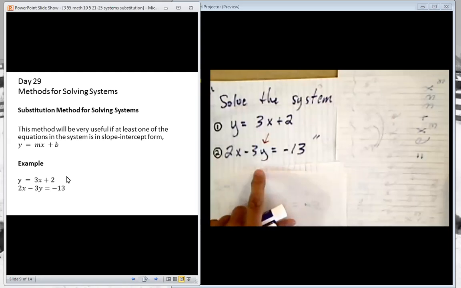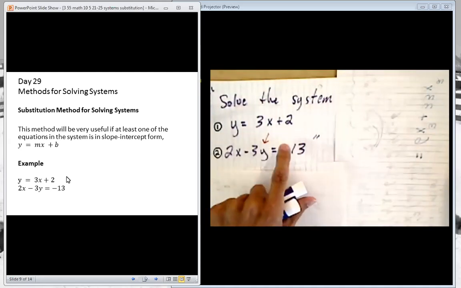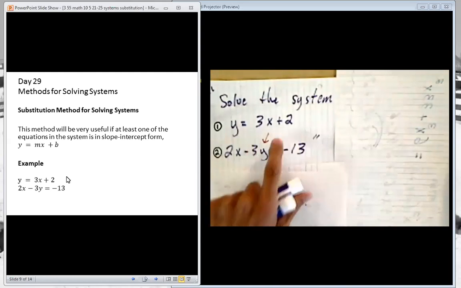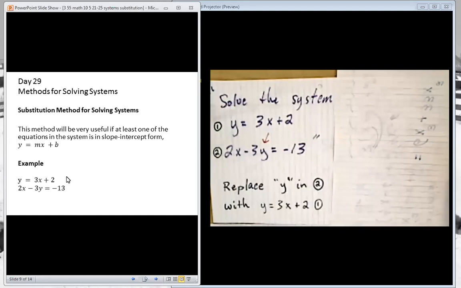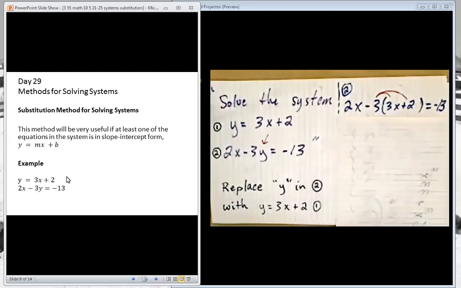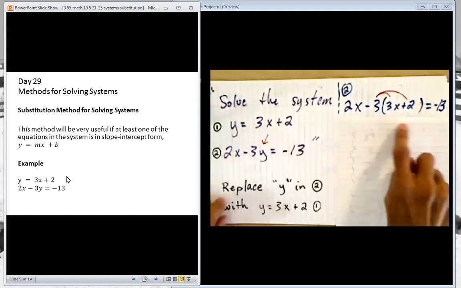So we're going to replace y with what we see here. That means next time we write this equation number 2, the y is gone, and 3x plus 2 is in place. So we replace the y with that thing, and that's exactly what happens in the first step there. It's no longer 2x minus 3y. It's 2x minus 3 with this now inside it.